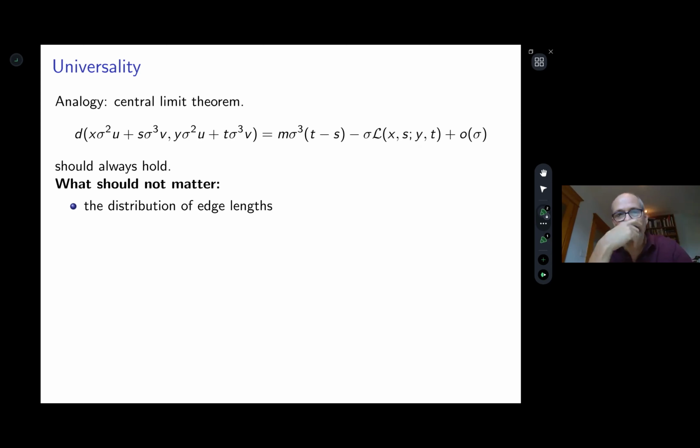So the standard thing that we look at is called universality, which is basically a central limit theorem in various settings, which says that this limit, the directed landscape, is universal. It doesn't depend on the very specific details of the model. So let me be more precise about what should not matter. First of all, the distribution of the edge length shouldn't matter.